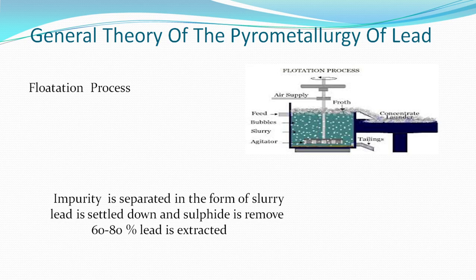So you can see two things. On the top surface of the bath you can see some froth. This froth consists of impurities present in the lead ore, and slowly they are converting into the form of foam and coming out from the solution.